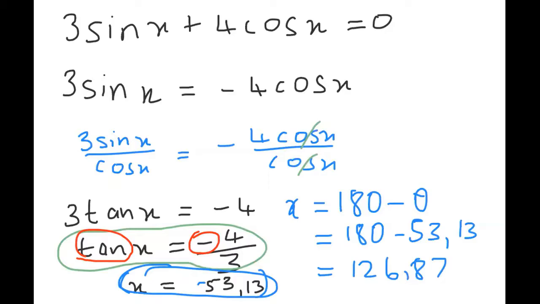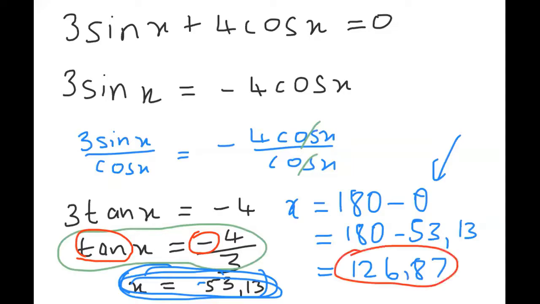So that's the first answer. Just keep this in mind, but to work out the proper answer, you'll have to do this. So this 126 is the correct one. And don't forget the plus k times 360. I'm not going to write it down all the time, but you have to write it down with each and every sum.